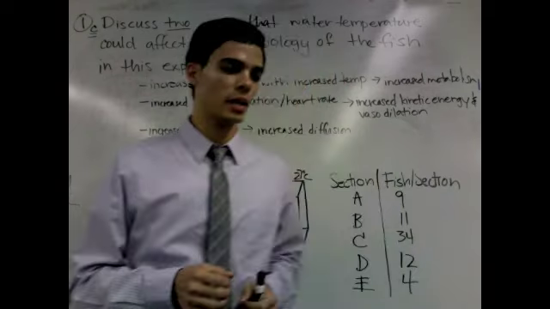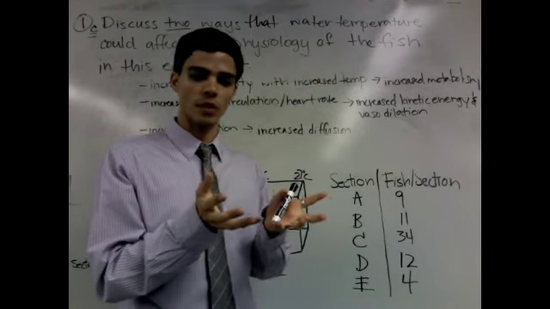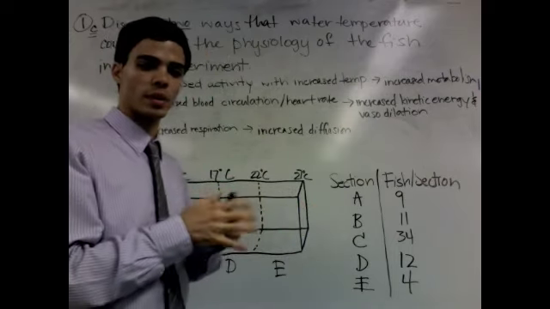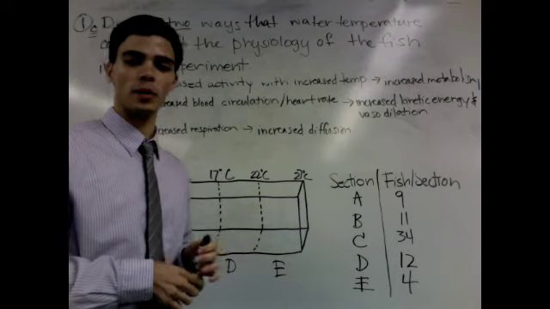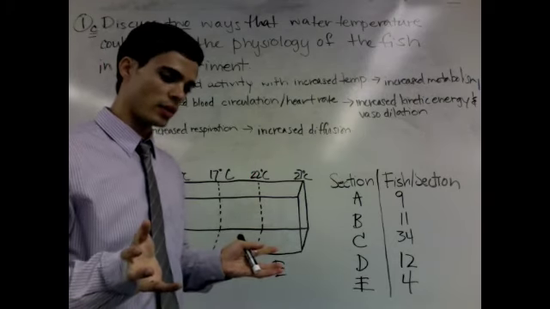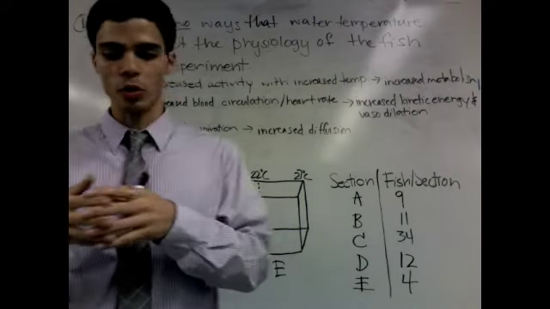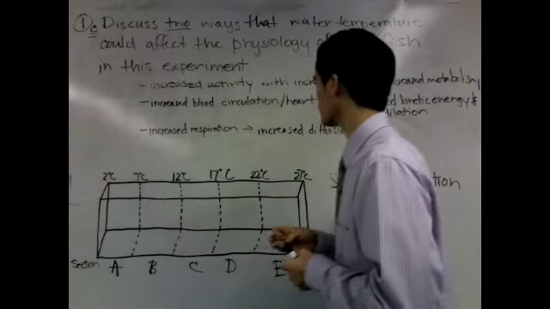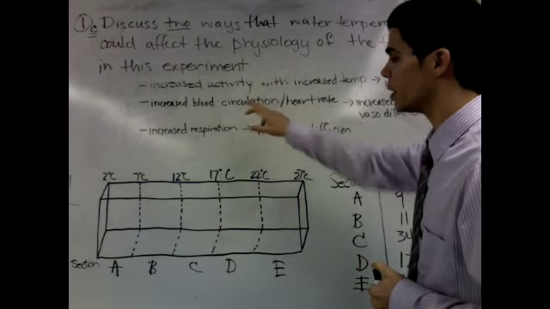Vasodilation is the relaxing of blood vessels and arteries and capillaries in an organism. And the dilation occurs when the temperature increases, and vasoconstriction occurs when the temperature drops, so when it gets colder. And this can affect both the heart rate and the blood circulation.